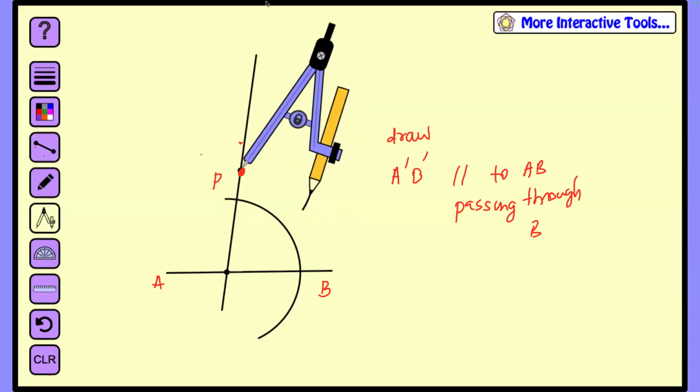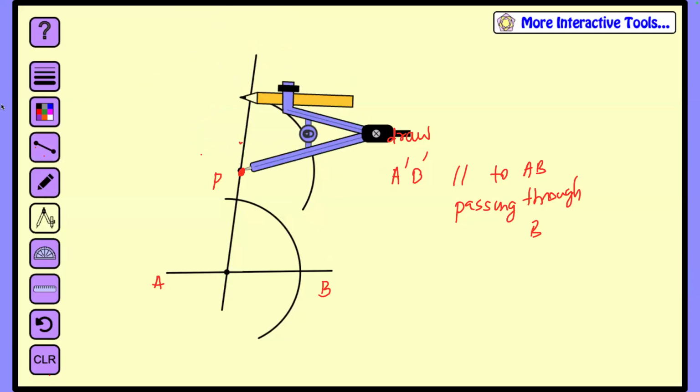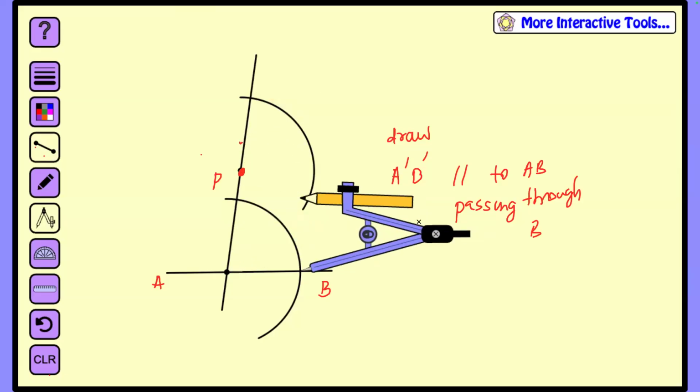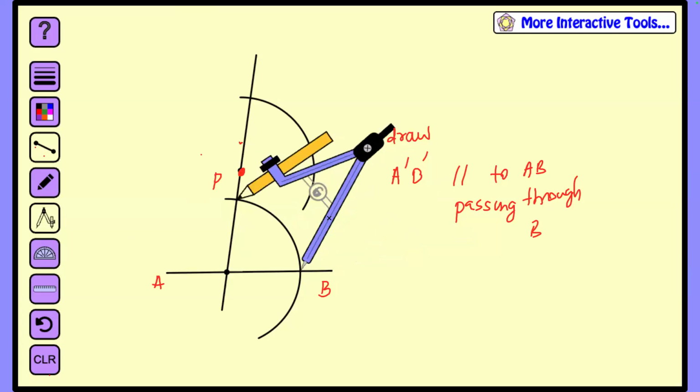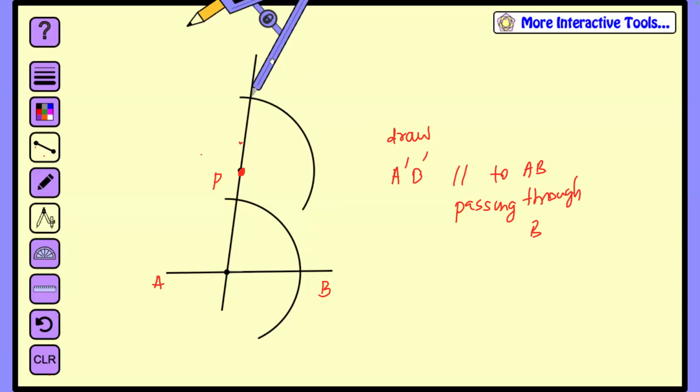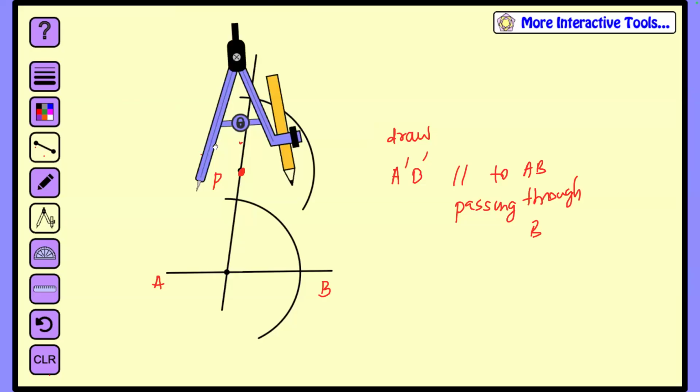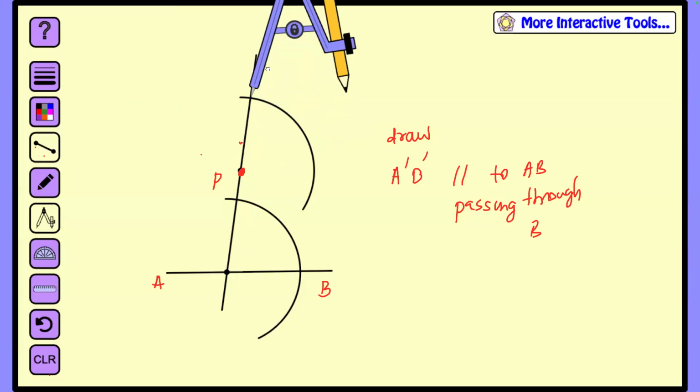After that, you have to measure this. Unlock it, measure this distance. That is quite important. Lock it. Now you have to copy that in here, right? This has to come this side. So put it in here.